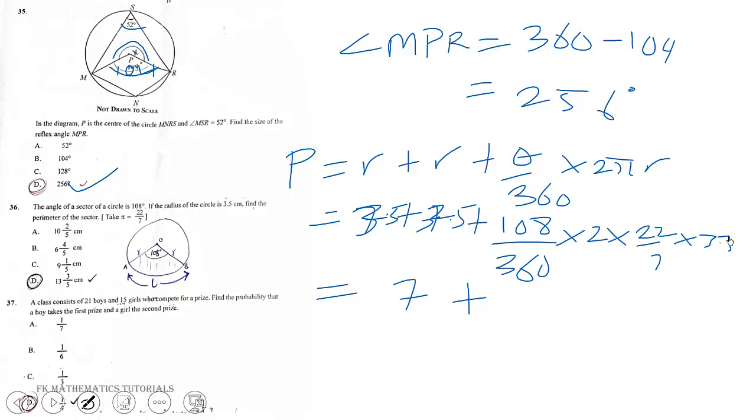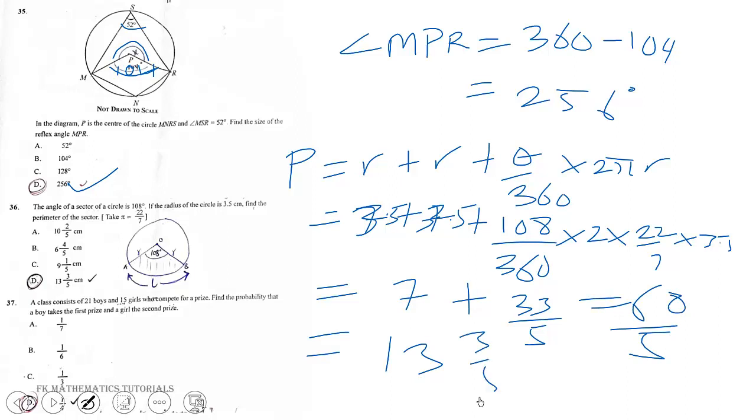So that will give us 33 over 5, and we add it to 7. So plus 7. That will give us 68 over 5. So 68 over 5 is 13 whole number 3 over 5 centimeters. So the correct answer is D.